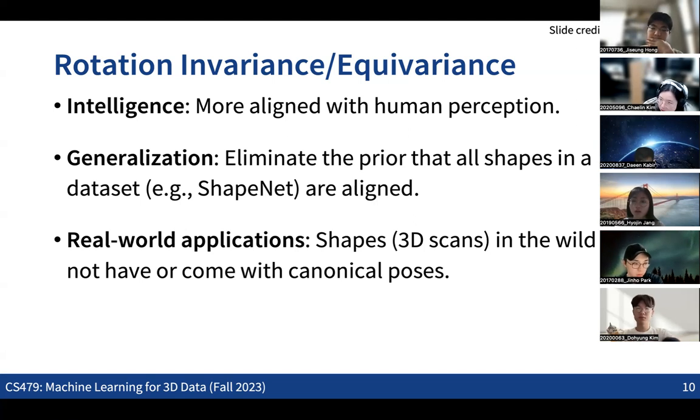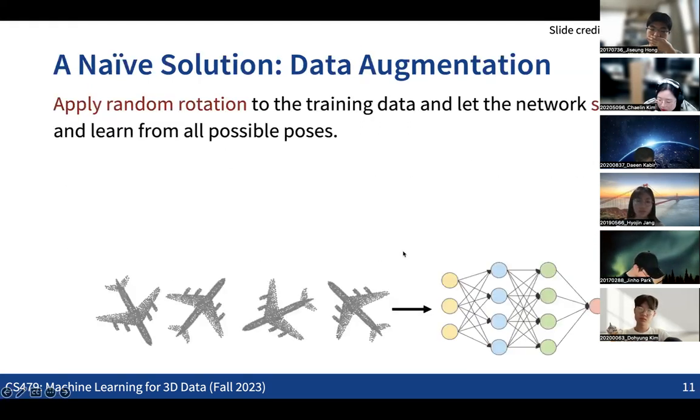Yeah, so one simple idea might be data augmentation with random rotation. The thing is that we want to make the neural net see cases where 3D models are rotated, right?